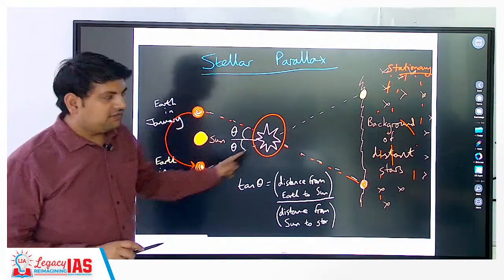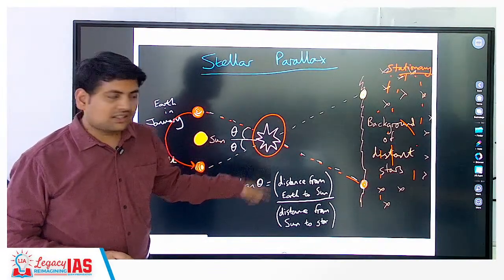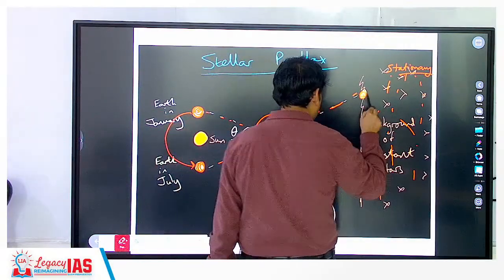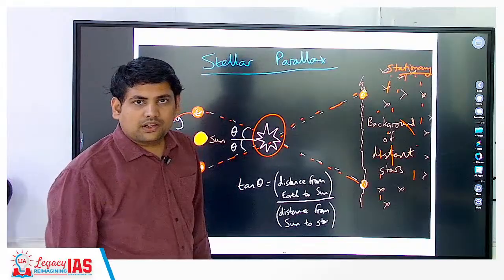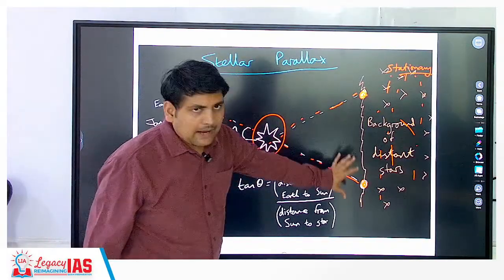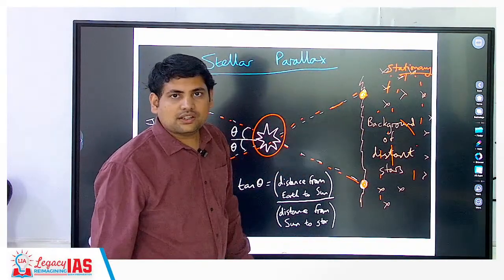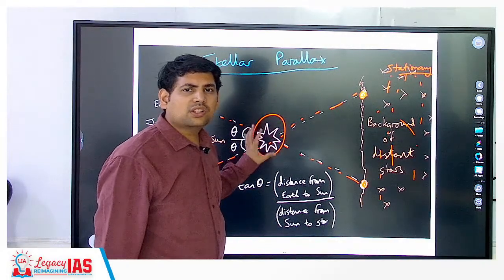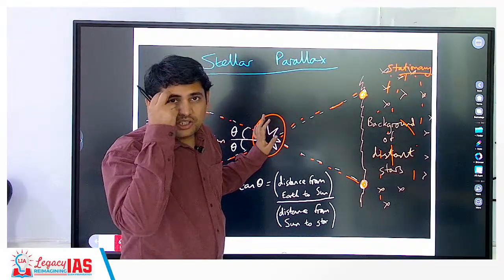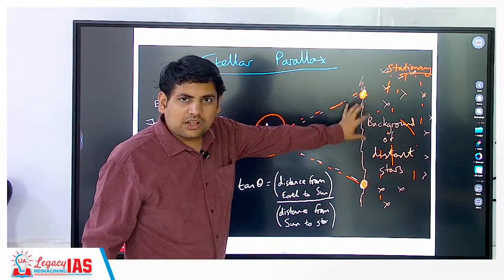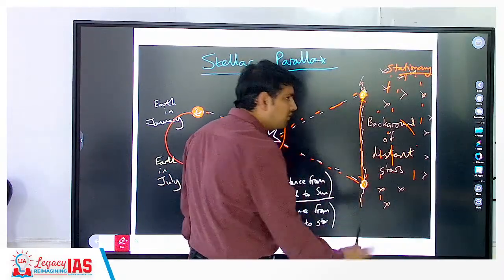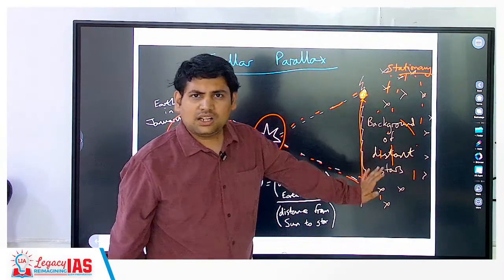Now from here, if you observe the star and draw a line, it goes like this, correct? Now there is an apparent shift in the location of the star. Even though the star is moving very slowly, or may seem almost stationary to you, in the observation it has changed its location when you see it in the background of other stars.